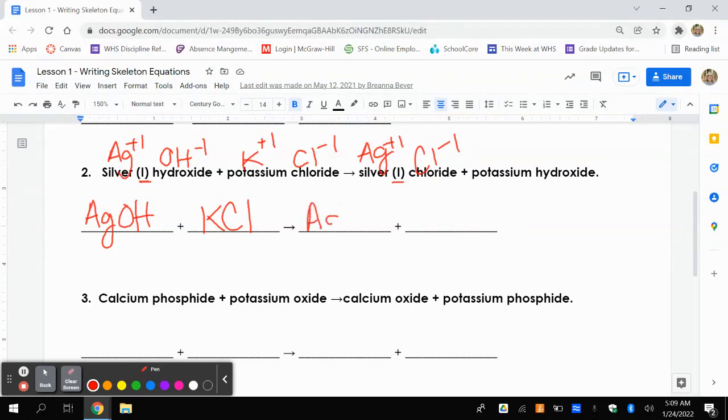So this chemical compound is AgCl. And then potassium hydroxide is potassium, K again, has a +1 charge. Hydroxide's a polyatomic, OH, that has a -1 charge. So this one just becomes KOH.